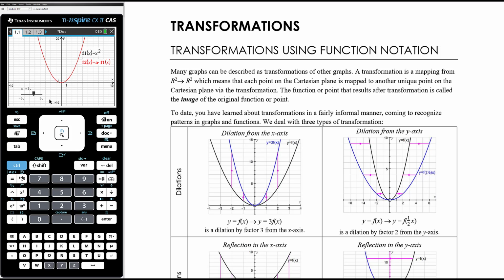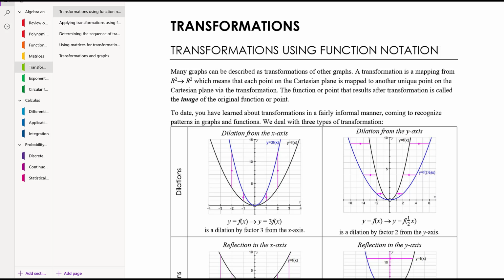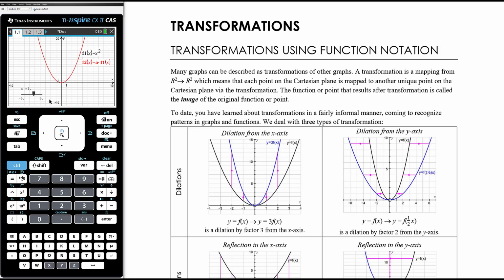You'll often hear this phrase, mapping. Apologies, let's just bring back the CAS. A transformation is a mapping from R2 to R2. You'll see this as well, particularly when we get to matrices and transformations, the way those are written out. And all that's saying is that we are mapping one point that's in R2, R squared really, R squared being the real numbers by the real numbers, so the Cartesian plane.